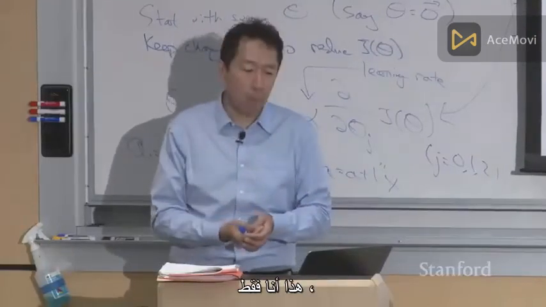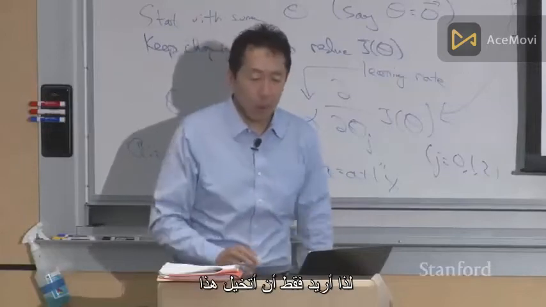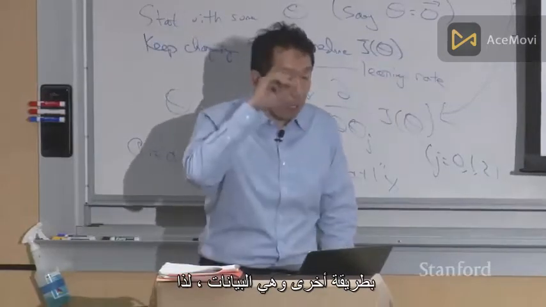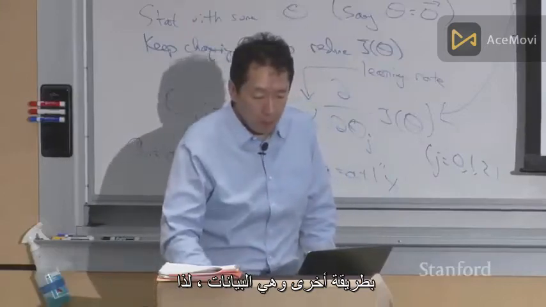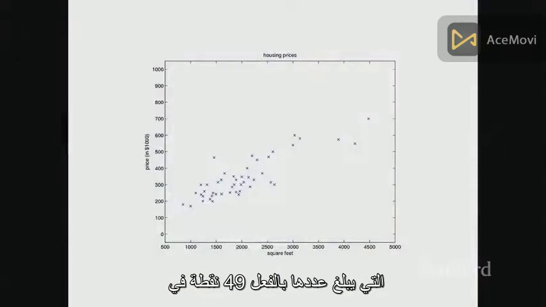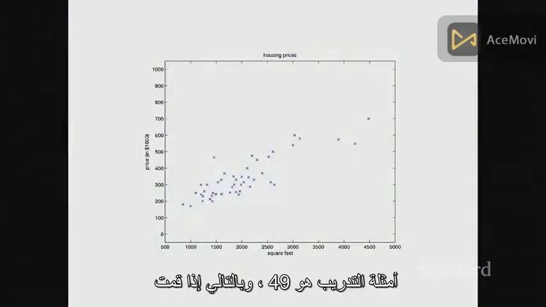Okay. So I just want to visualize this in one other way, which is with the data. So this is the actual data set. There are actually 49 points in this data set. So m, the number of training examples, is 49.